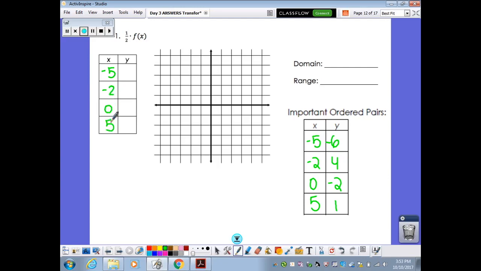And now I'm multiplying all the y's by 1/2, which gives me negative 3, 2, negative 1, and 1/2. All I have left to do now is graph my points. Negative 5, negative 3, negative 2, 2, 0, negative 1, 5, 1/2. And I connect my dots.